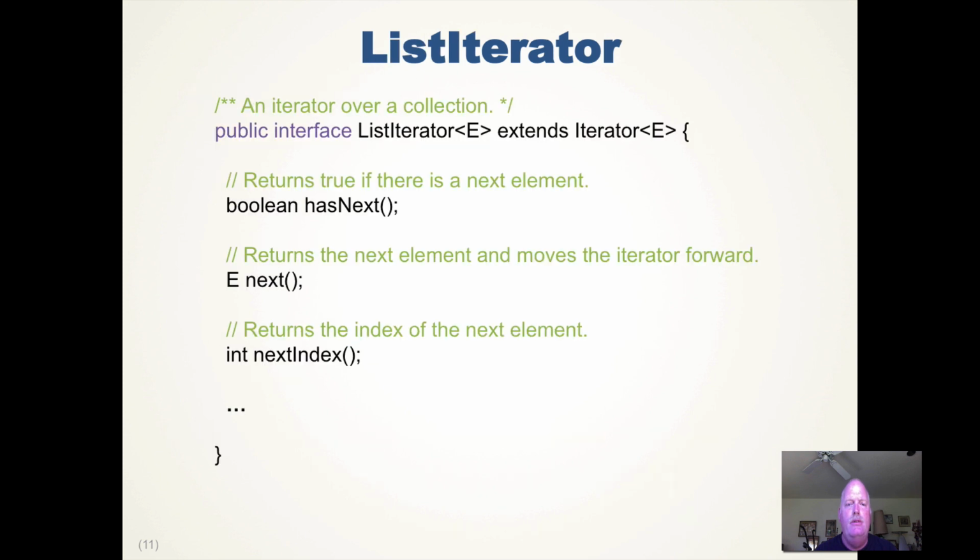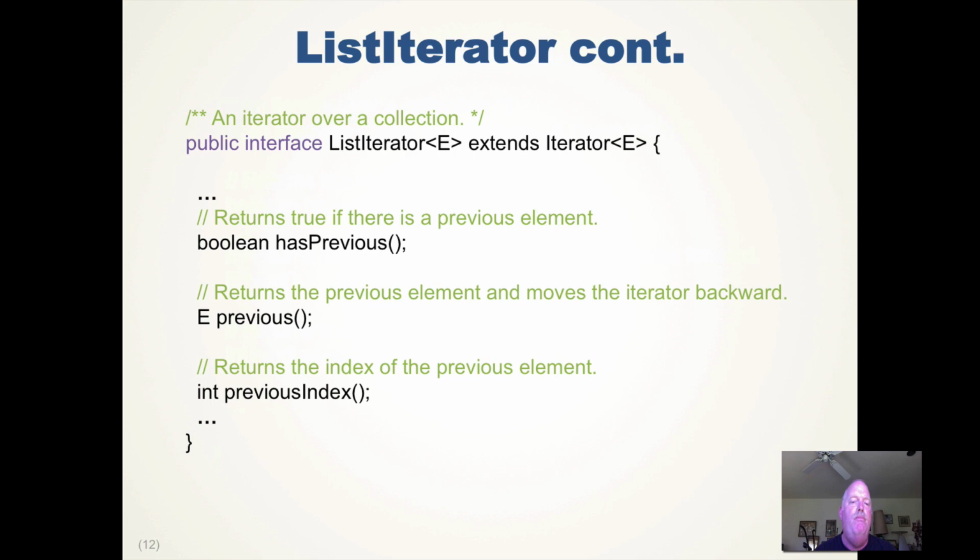Now, for lists, we have an extension to the iterator that adds some additional methods. We have our traditional hasNext and our next, but since lists have indexes, and items in the list have a position, we have nextIndex, which returns the index of the next element. We also have the idea of being able to go backwards.